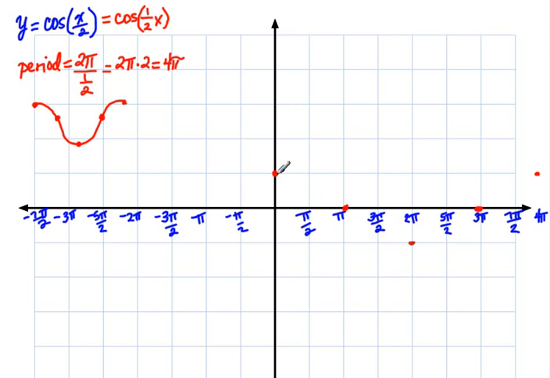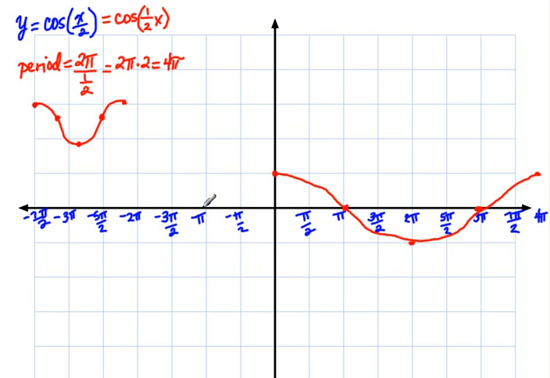So the cycle, when we draw it on the graph, is going to look like this. Okay. So notice that between 0 and 2 pi, it only completed half of the cycle of the cosine curve.